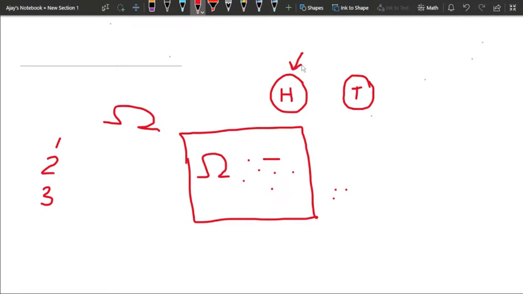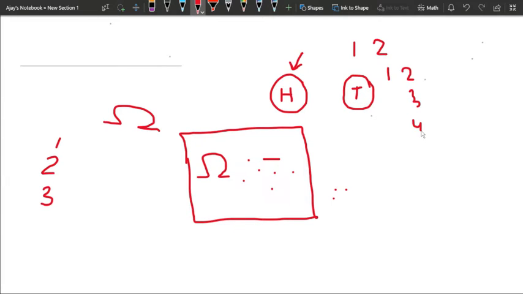That is, no other options without a head or tail. So if you flip a coin one time, it will be heads one time or heads two times, and it will be tails one time or tails two, three, or four times, but not any other aspects without head or tail.